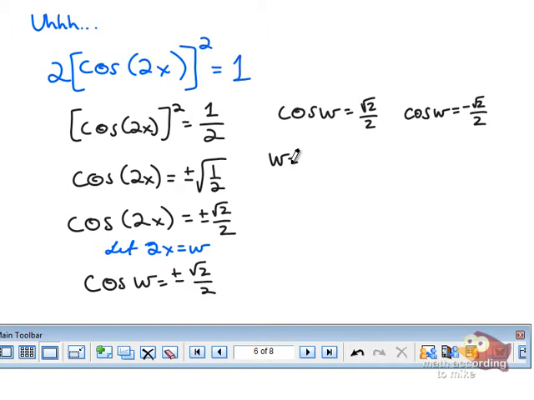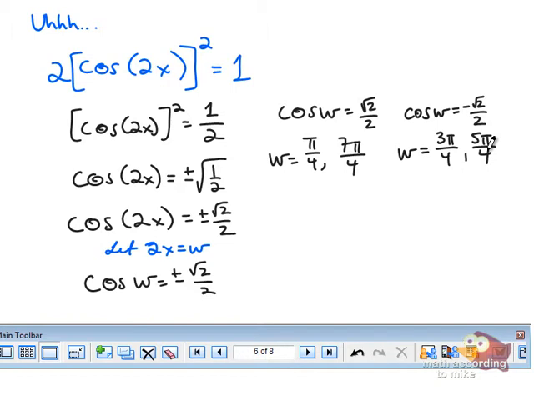Pi over 4, what else? 7 pi over 4. And negative radical 2 over 2. Sure. Yep. Awesome.